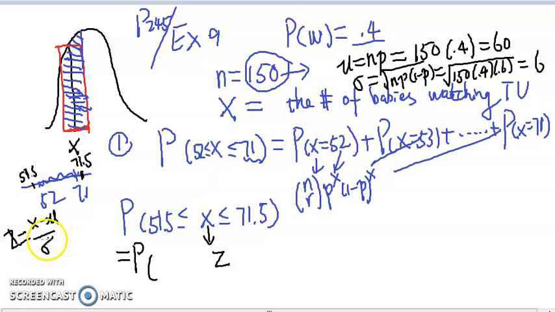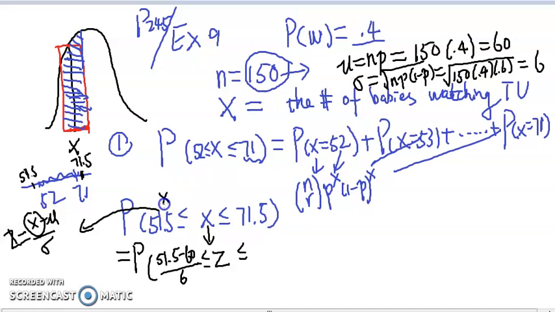Now we can plug into the formula. We convert x to z by plugging numbers in. This x would be the x value corresponding to 51.5, subtract the mu, and mu is 60, divide by sigma, sigma is 6, and less than or equal to, let's convert the upper bound also to the corresponding z value.